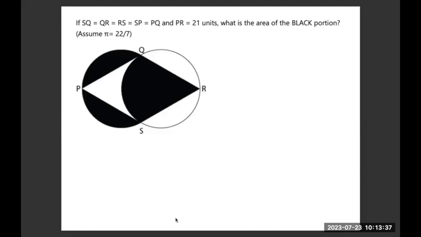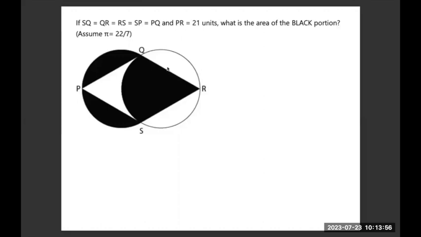It's very simple. It's again decoding the geometry. One clue is that all I need to find is the area of the circle, and I find the area of the black part. Why? Because this black part and this black part I can very easily fit here and here.